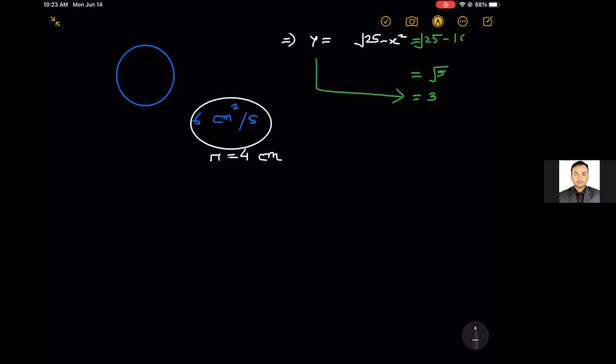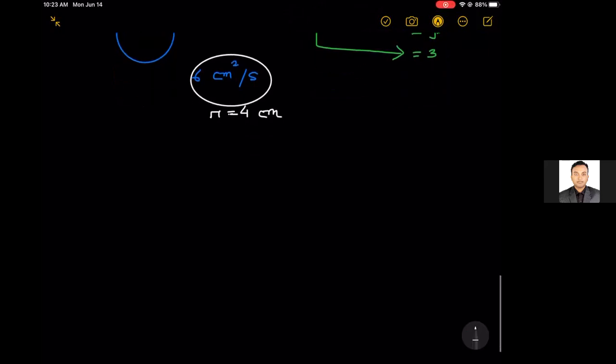Since they have given me the rate of change of the area, and fortunately I know the area, when the radius is r, the area of this particular circle has to be pi r squared.